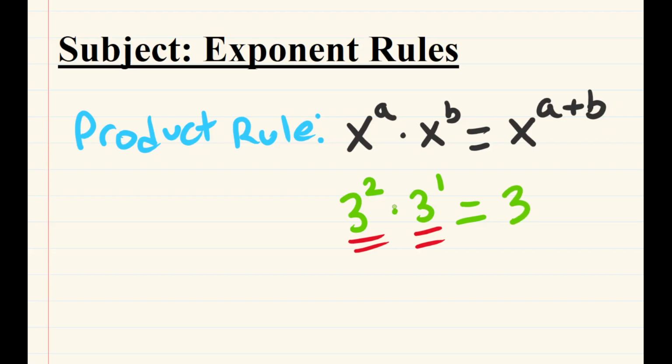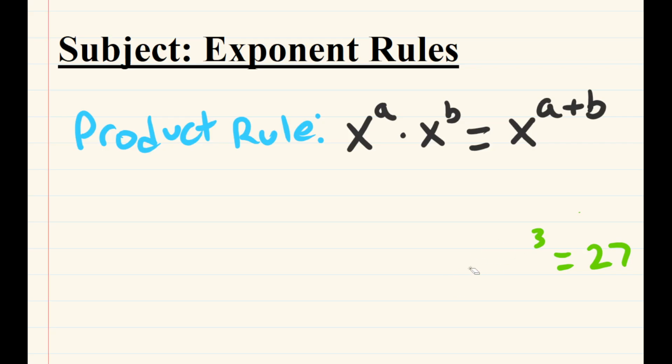This is the same as 3 to the power of the sum of their exponents, so 2 plus 1. And 3 to the power of 2 plus 1, that's 3 to the power of 3, which gives you 27 as well. That's another way of getting there with the product rule.